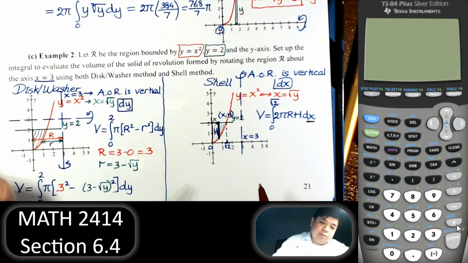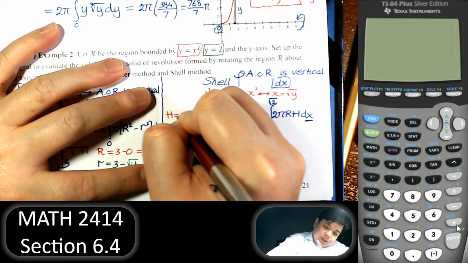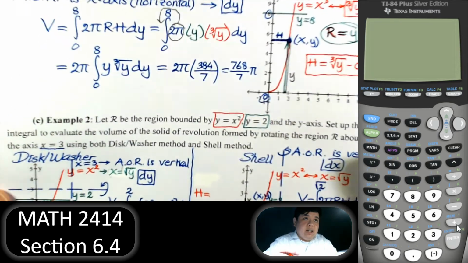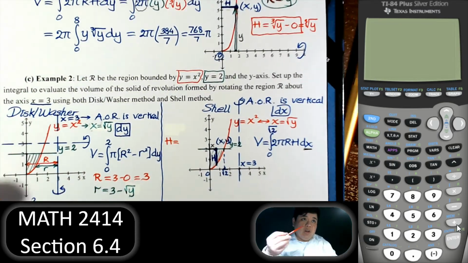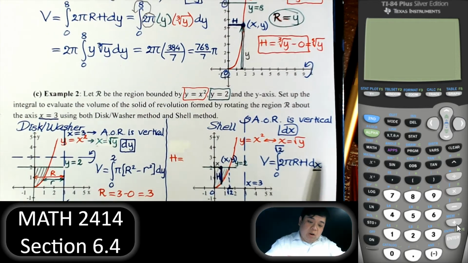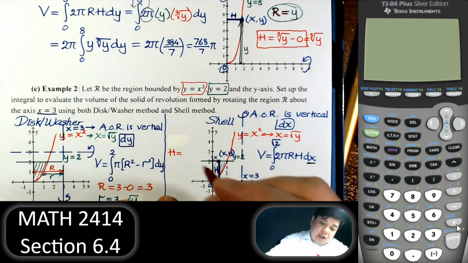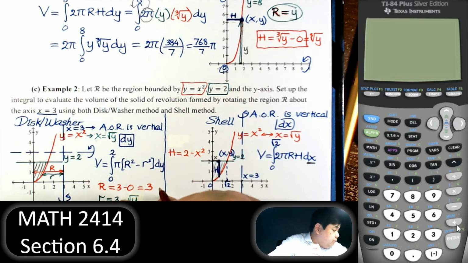H is that much. So that distance is going to be the upper function minus the lower function, above minus the function below, for the h. So above is y equal to 2, the bottom is x squared, so 2 minus x squared for h.